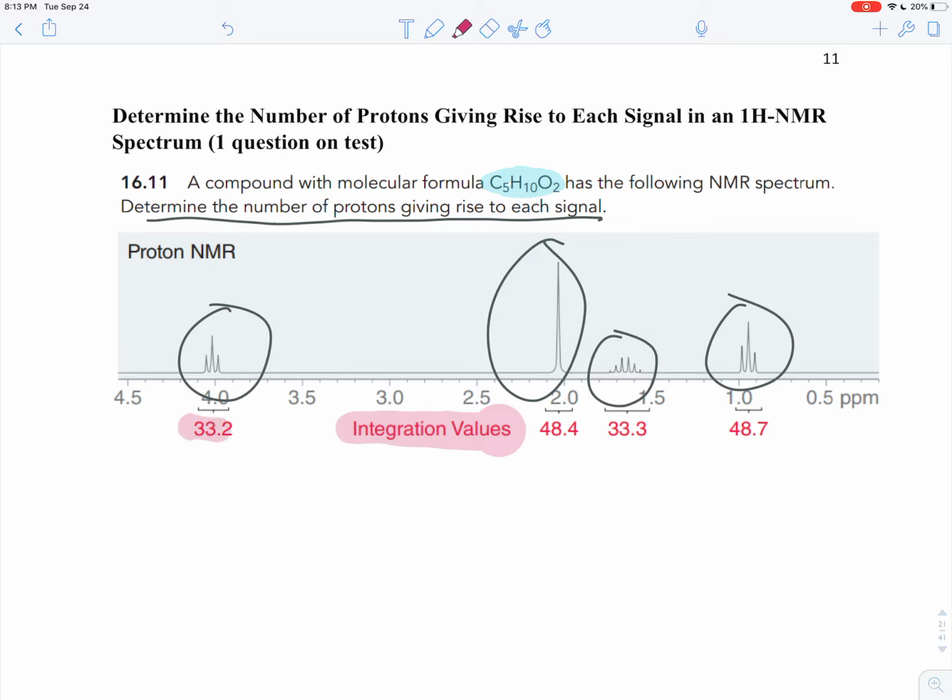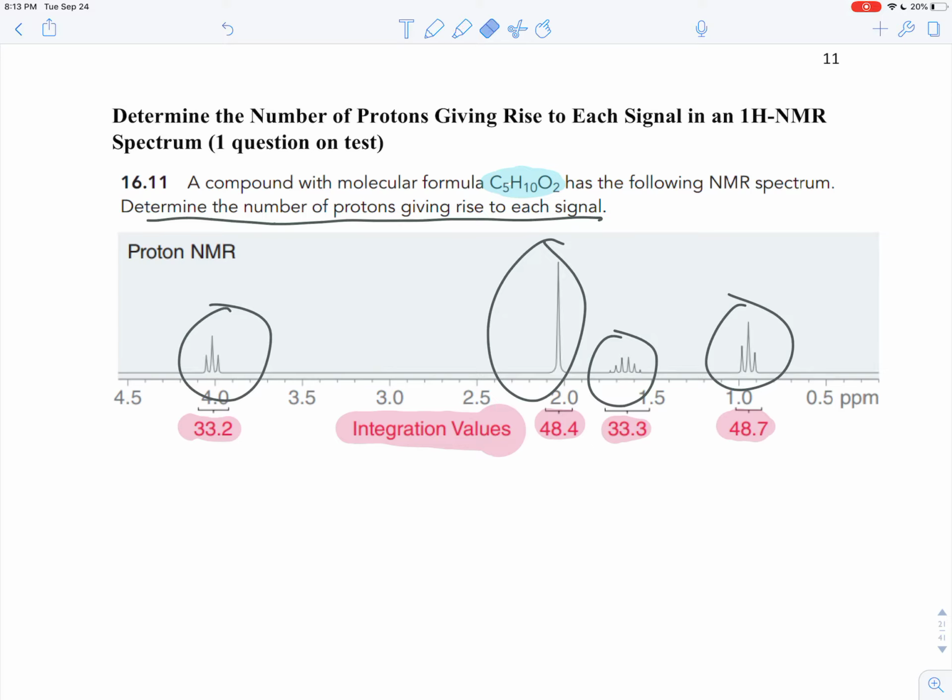Okay, so that's what these red numbers are. They're the relative amounts of space underneath each of those peaks. They're telling you how much area is in those shadows, how big those shadows are. And that's related to the number of hydrogens in each of those environments.